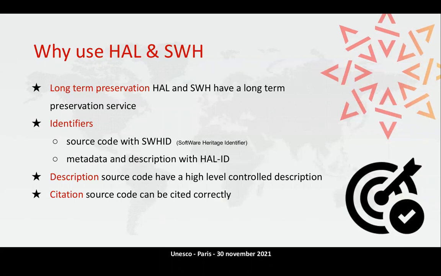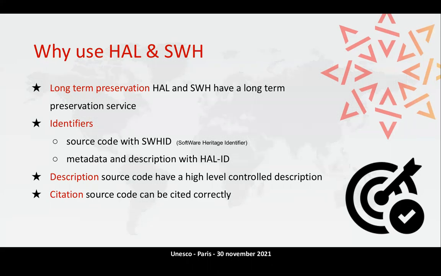So why use HAL and Software Heritage? With HAL and Software Heritage, you have long-term preservation of your code. It's very important. Identifiers are very important, and with HAL and Software Heritage you have two identifiers. The SWHID, as we said before, is the mechanism to have an intrinsic identifier to go directly to the code you want to cite, and the HAL identifier is to cite the metadata and the way to go to the code.